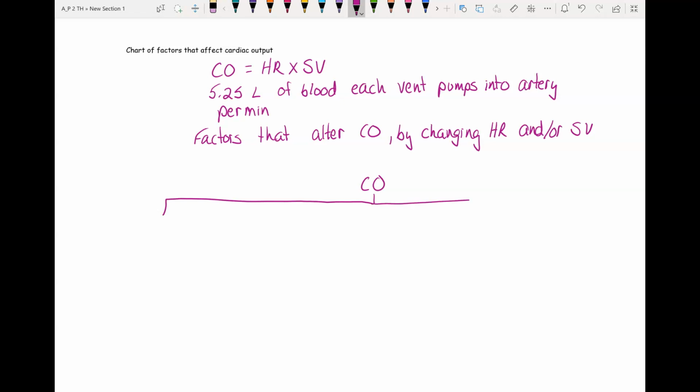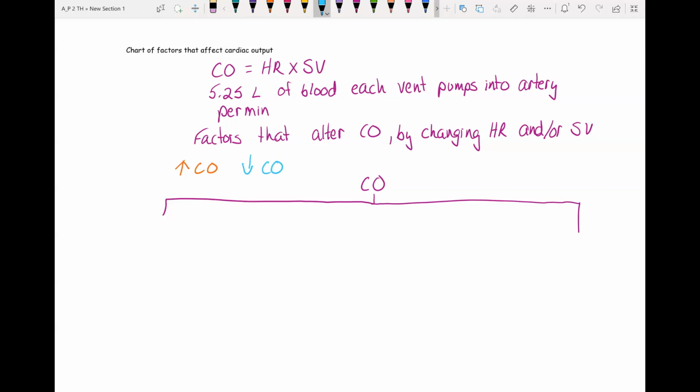And we'll use two colors here. We'll use a color for things that increase cardiac output and a color for things that decrease. So anything I put in orange is going to be something that will end up increasing cardiac output. Anything I put in blue will be something that will end up decreasing cardiac output.